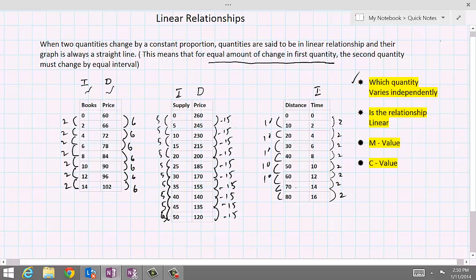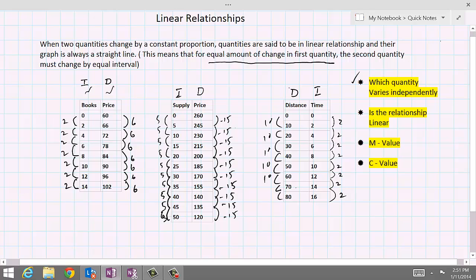If the time wouldn't change, the distance would never change. If you are driving a car and you are not driving, the distance wouldn't change. So if your driving time doesn't change, then the distance wouldn't change. Therefore, time is independent and distance is dependent.